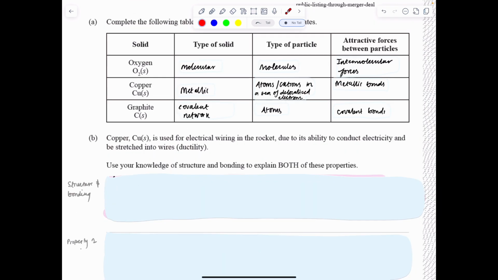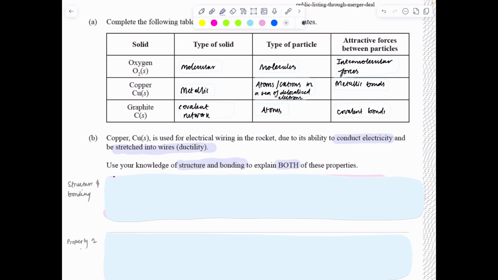Okay, copper is used for electrical wiring in the rocket due to its ability to conduct electricity. Let me highlight that. Conduct electricity and be stretched into wires. Use your knowledge of structure and bonding to explain both of these properties.